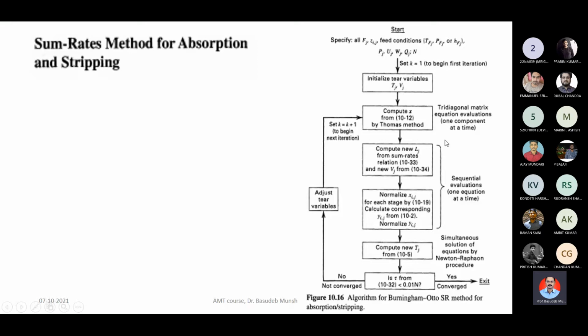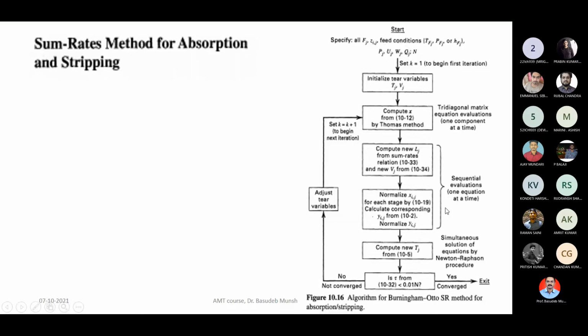Use the Antoine equation, get vapor pressure, and then calculate Kij. Then calculate Yij straight away. You don't have to do iteration here. Simply use the Antoine equation to get vapor pressure at this temperature. Once you have vapor pressure, you know the stage pressure, the stage-wise pressure distribution already.